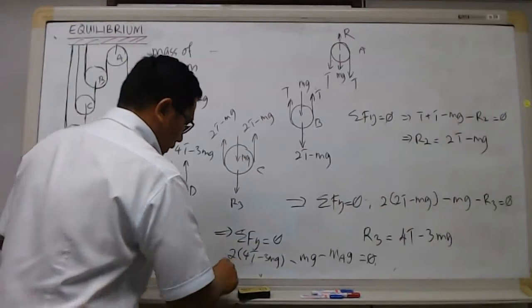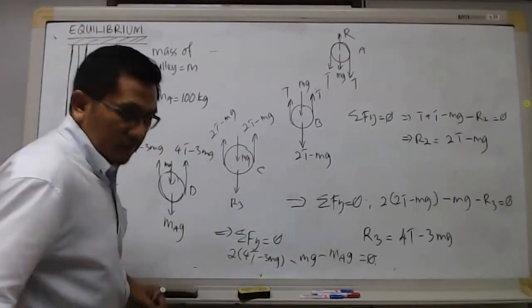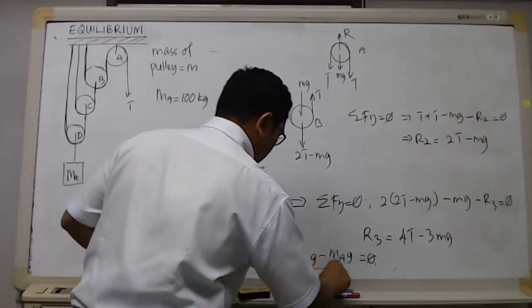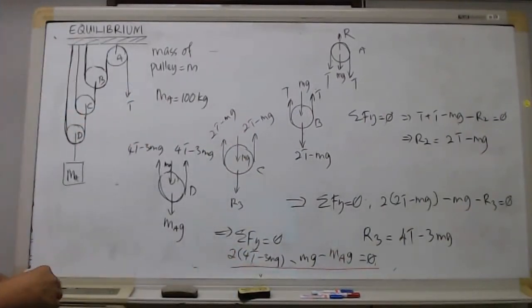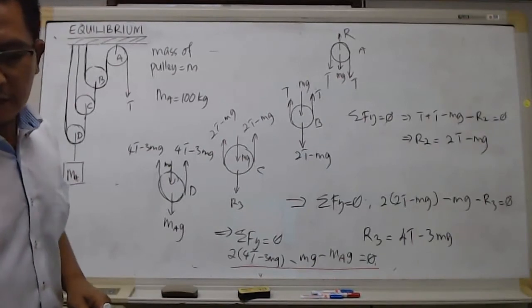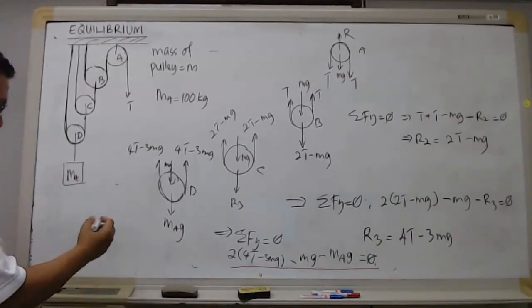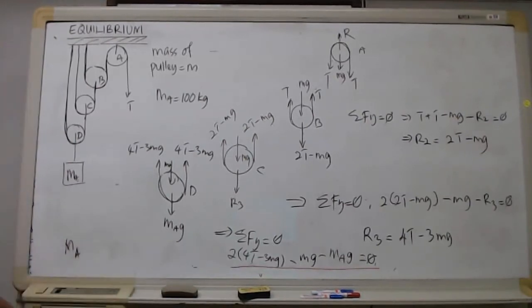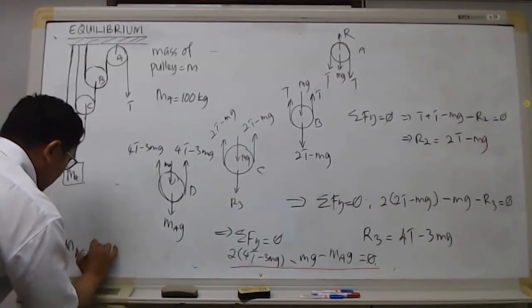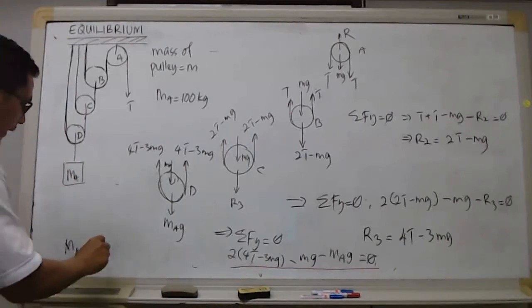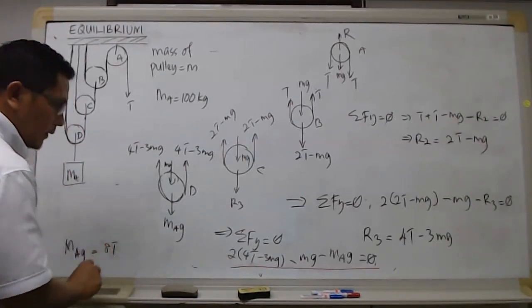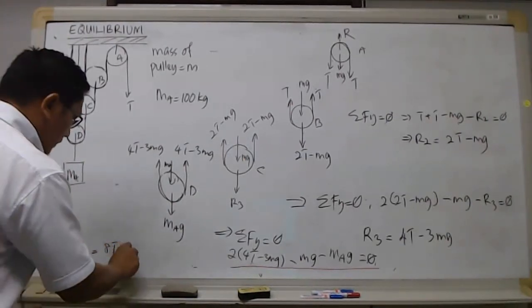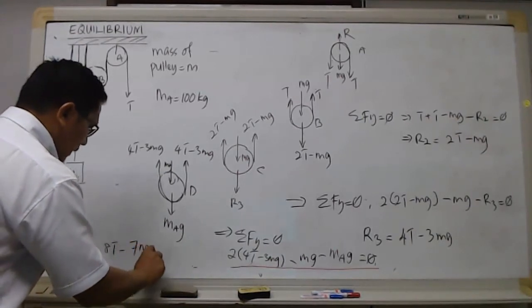So from this equation, you can determine that M_A g is equal to 8T minus 7mg.